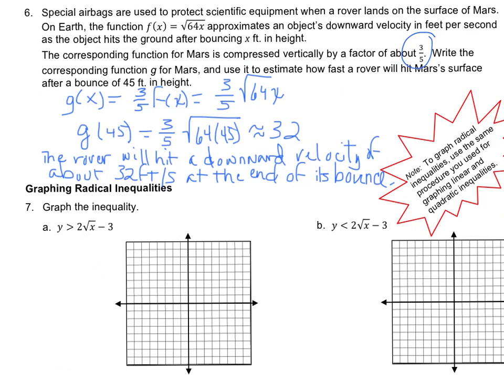So when we substitute in 45 for x, because we want to know what will happen after a bounce of 45 feet, then we have 3/5 times the square root of 64 times 45, which gives us about 32. So that tells us that the rover will hit a downward velocity of about 32 feet per second at the end of its bounce.